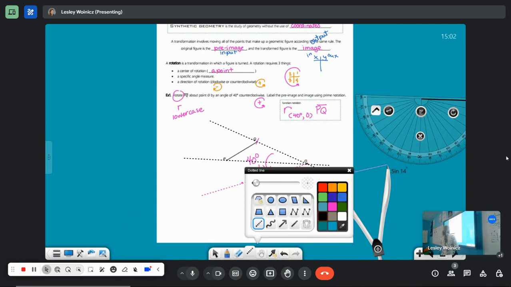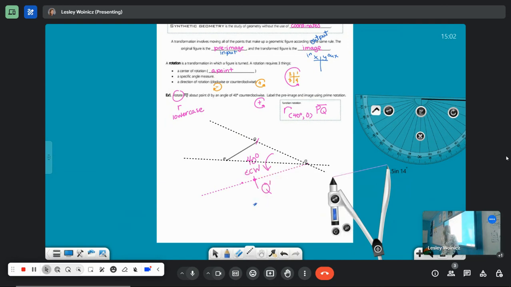You are connecting points O and the little tick you made. So this is another 40-degree rotation counterclockwise. Am I going too fast? Okay.